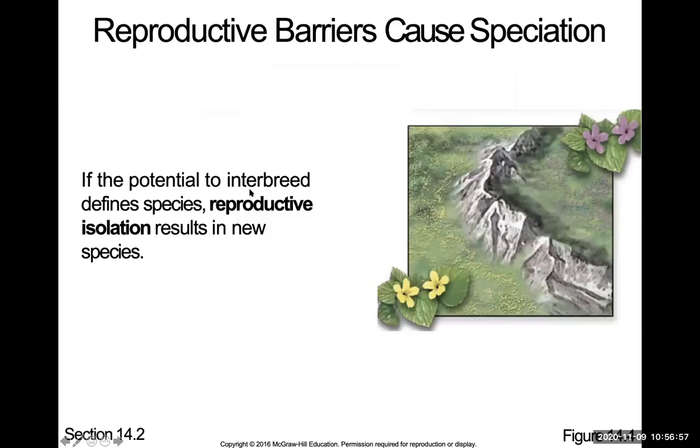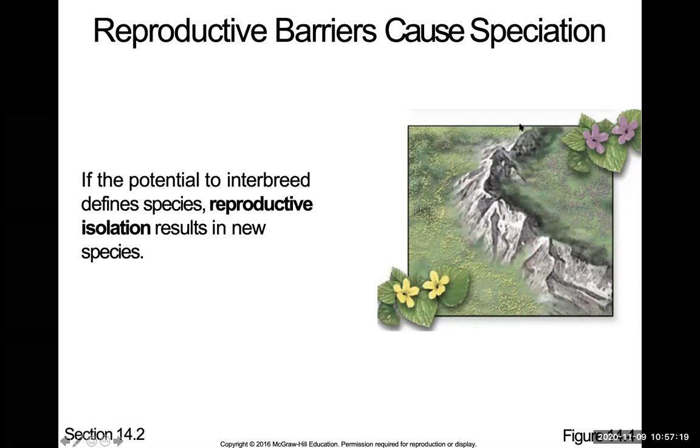Okay, so if the potential to interbreed defines species, reproductive isolation results in new species. If we look at this picture here, we have yellow flowers here, and then purple flowers on the other side. You can see this barrier in between, a land barrier.